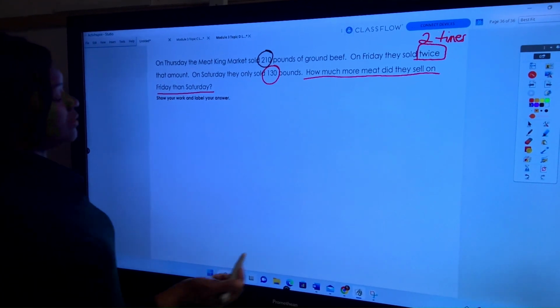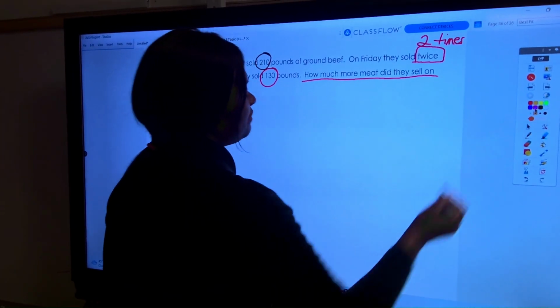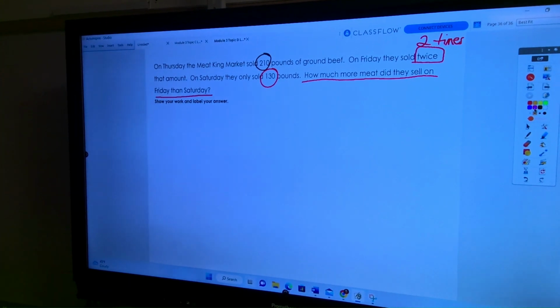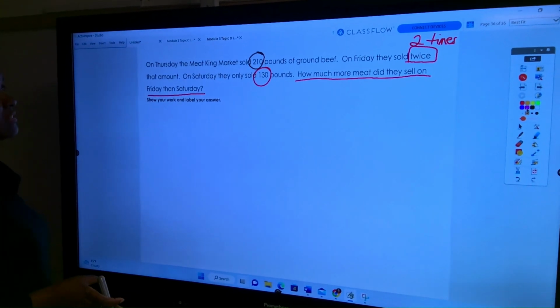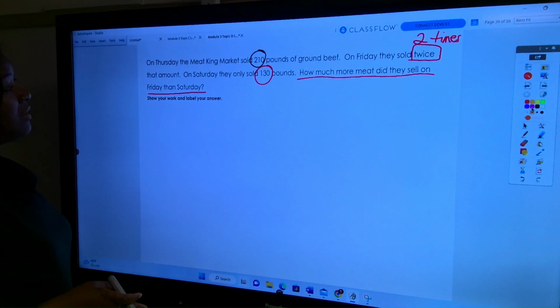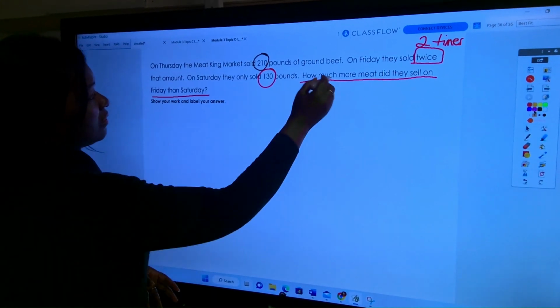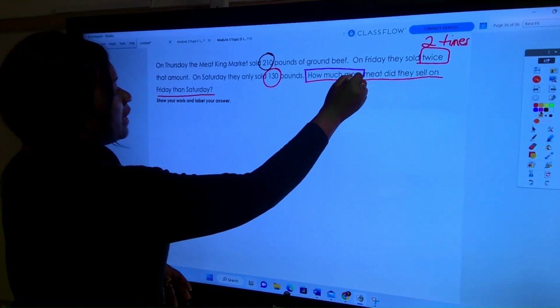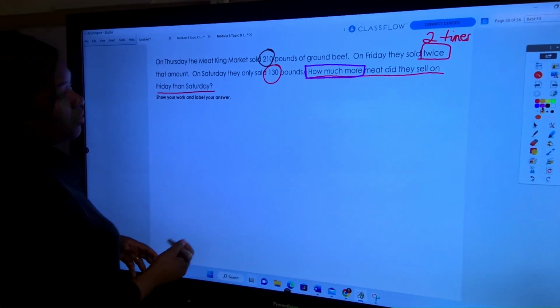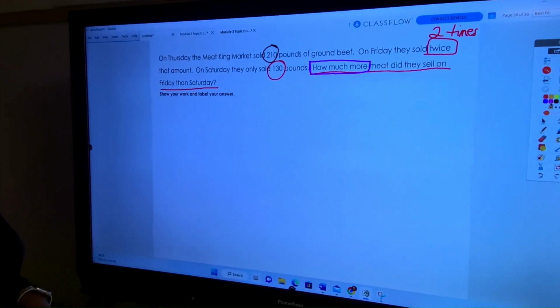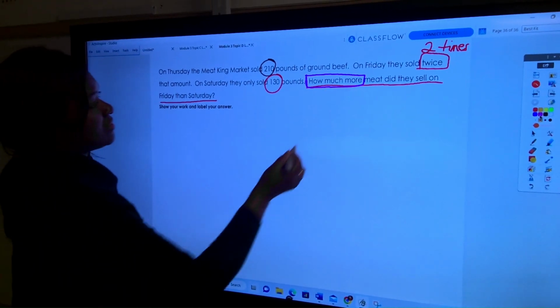And then the next thing we're going to do is to find out our keywords in the question and box those keywords to see what operation the question is asking us. So our keyword here would be how much more. And most times when a question is asking you how much more is something in comparison to another, it's asking us to subtract.